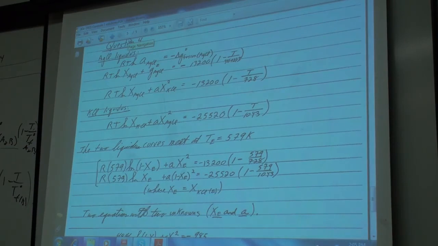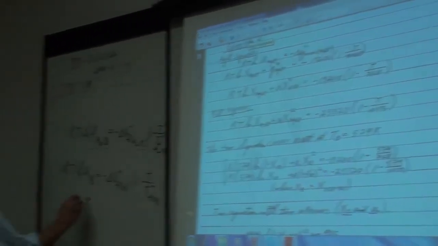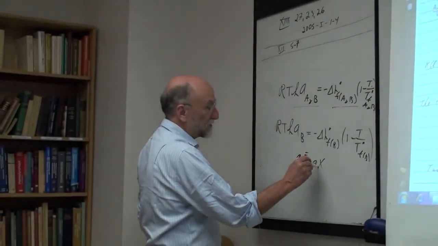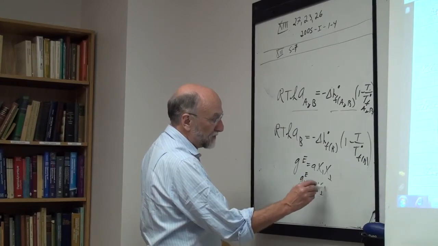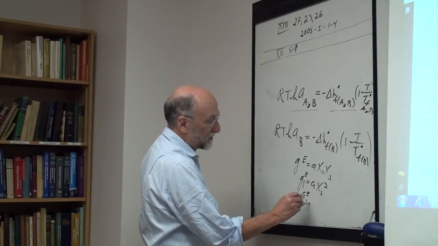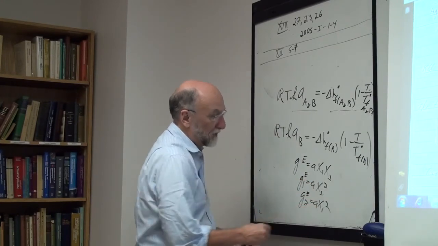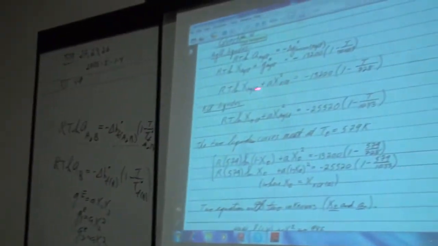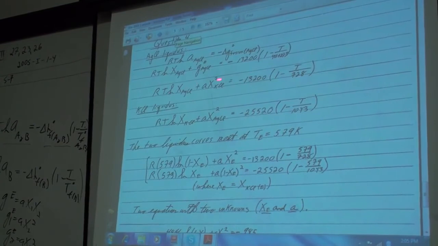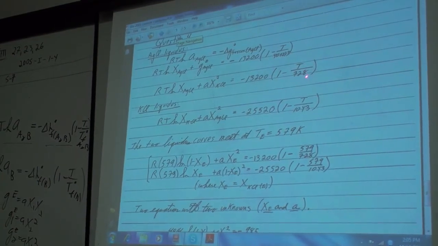Okay, you gotta memorize that. If GXS is A X1 X2, then GXS of 1 is A X2 squared, and GXS of 2 is A X1 squared. Okay, so that's the equation you get from the silver chloride liquidus.